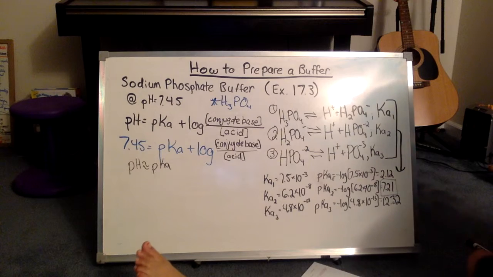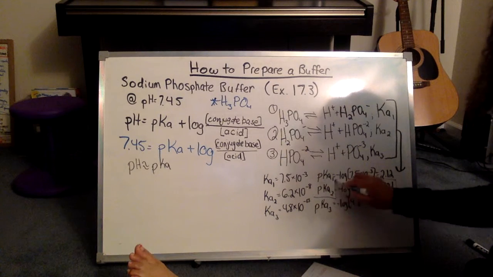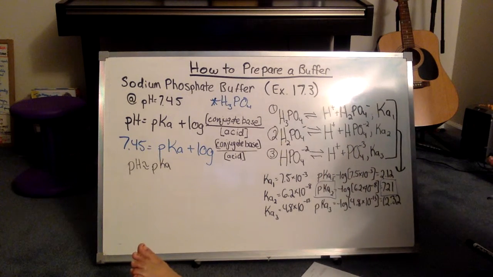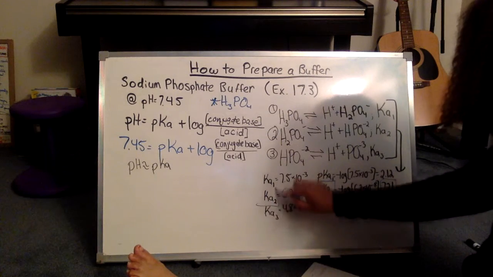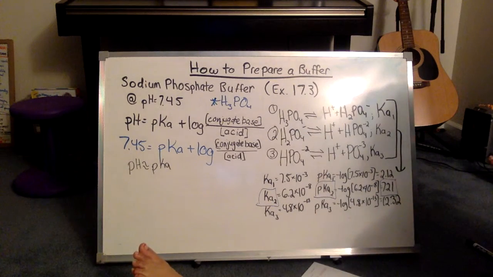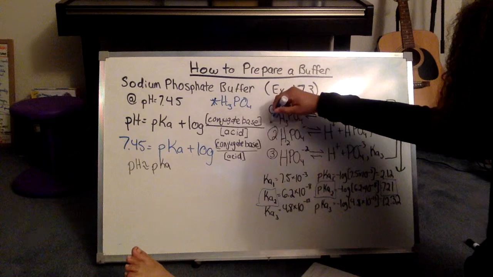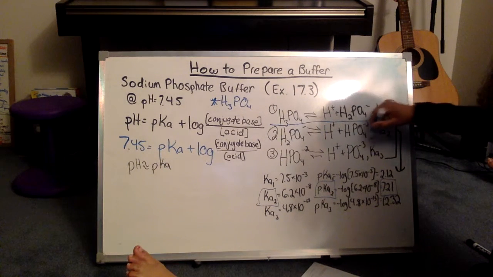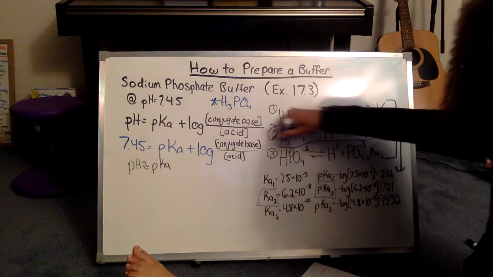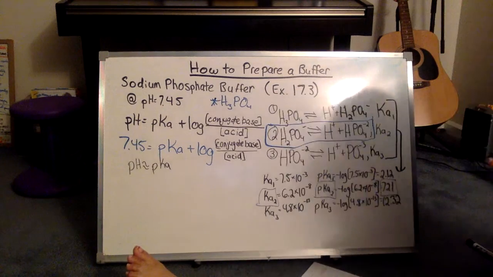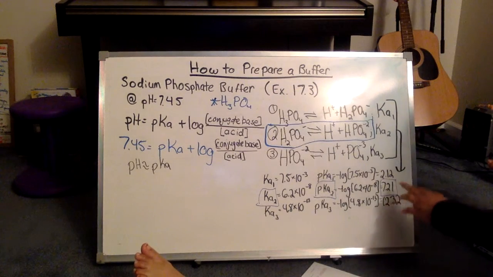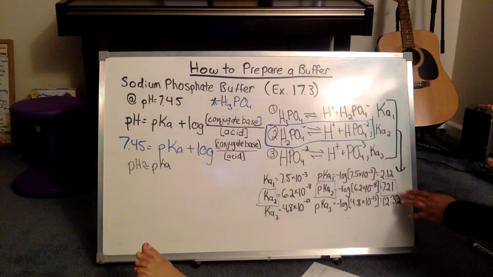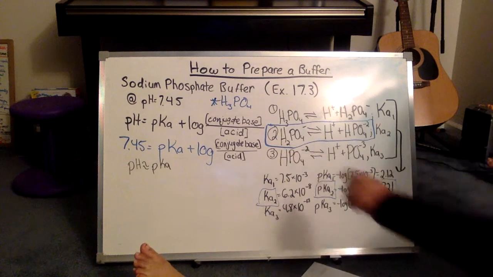And 7.21 relates to pKa2, which came from reaction 2. So reaction 2 gives us a pKa value that's very close to 7.45.